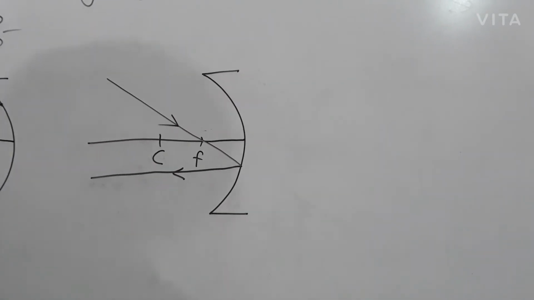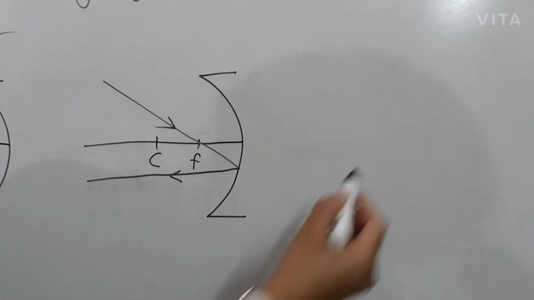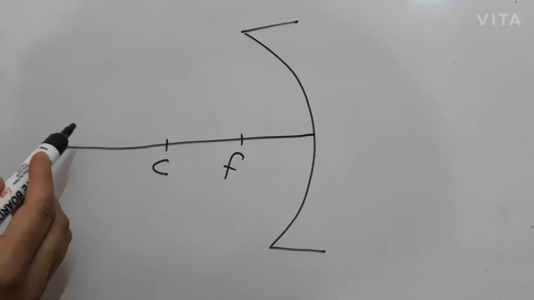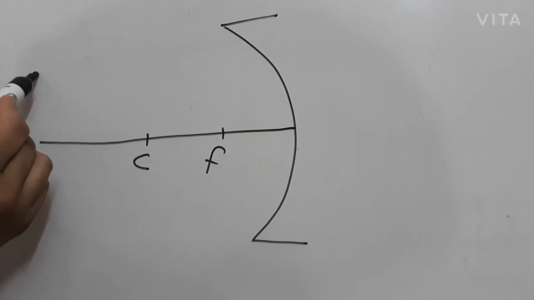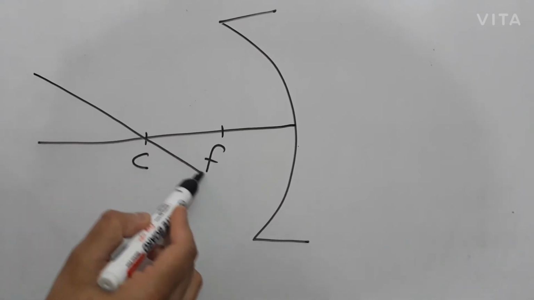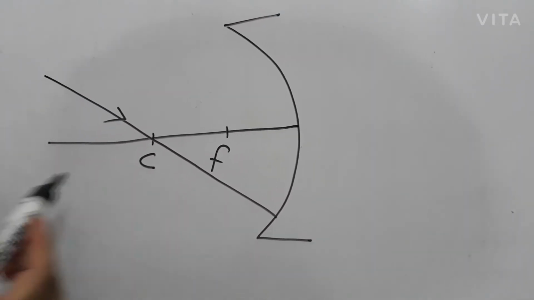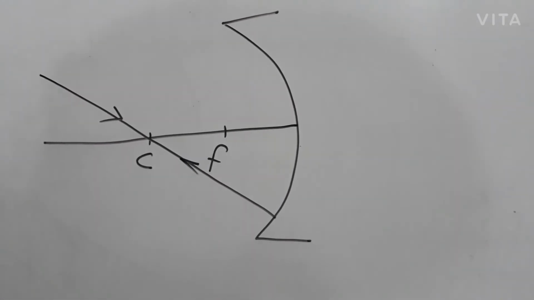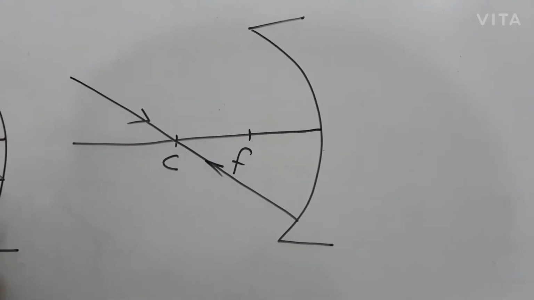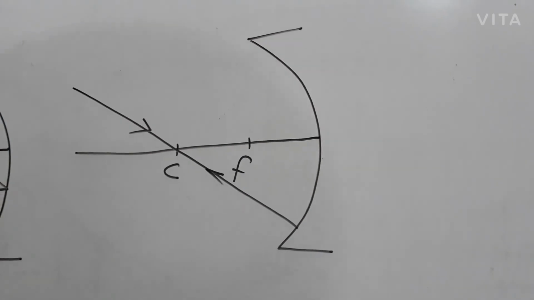Now the third rule: when the rays fall coming through the center of curvature, they always move back through the center of curvature. So this is the third law.